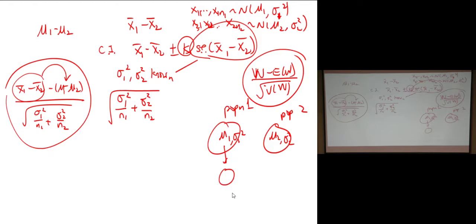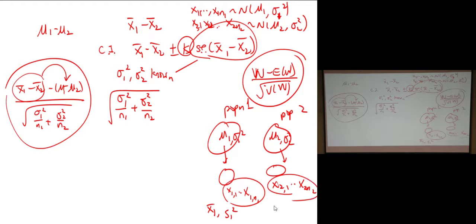I take a sample from population 1, so I have x11 up to x1n1 observations. From population 2, I take a sample, I have x21 up to x2n2 observations. So from here, I calculate x1 bar and s1 square. From here, I calculate x2 bar and s2 square. Of course, we know n1 and n2 as well.